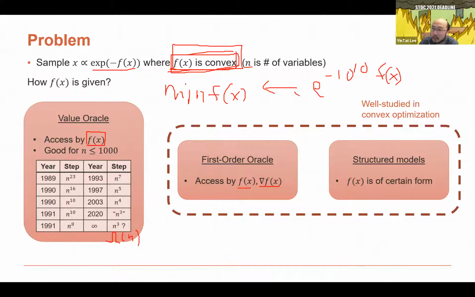If you are able to sample from this, then the solution x will be a good approximation of the minimizer. So you should think that implicitly inside all sampling algorithms, there is an optimization algorithm hidden inside. So to understand what's happening, it is good to study the optimization case first.